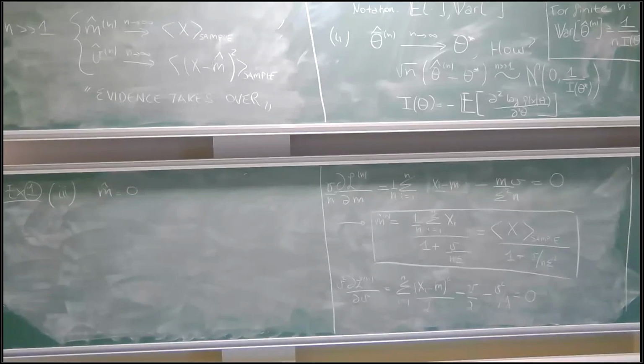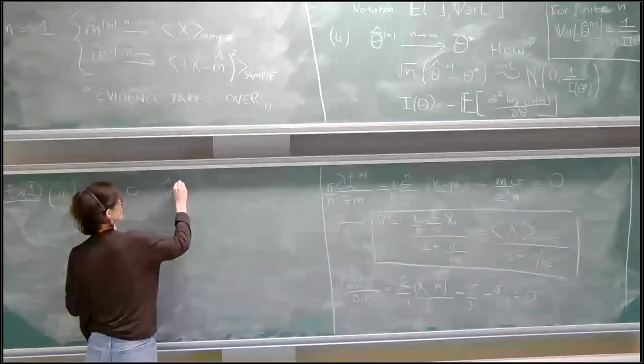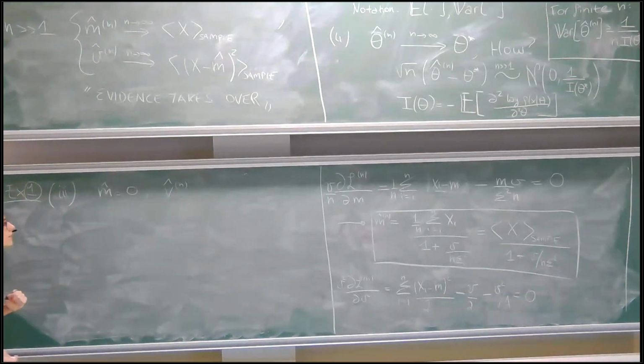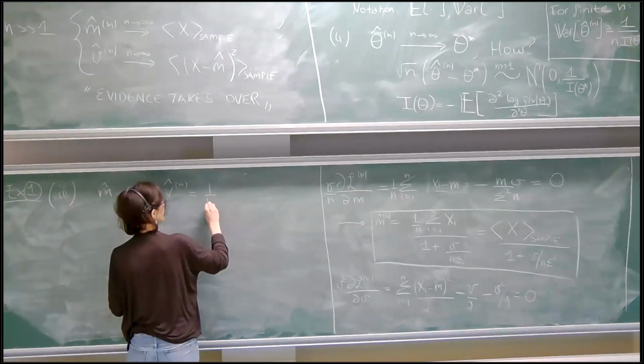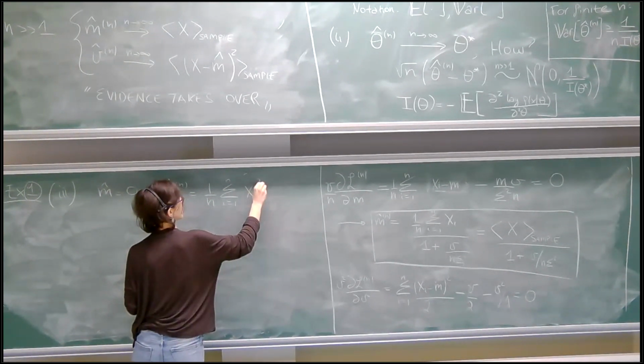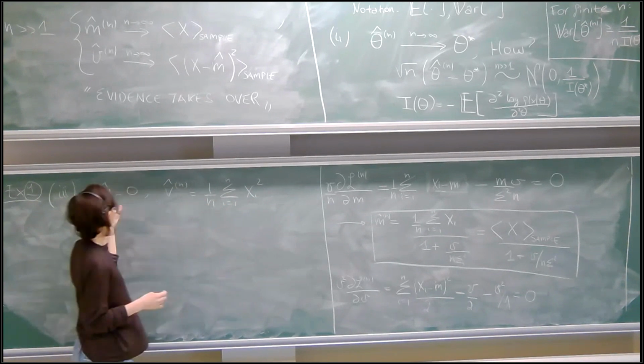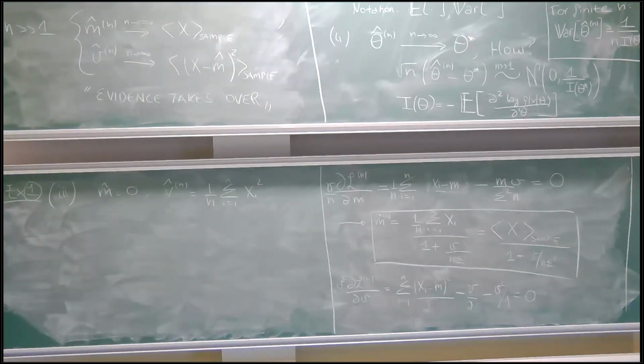And therefore, based on the equation that I just erased, our maximum likelihood estimator for the variance is just 1 over n sum over our data of x_i squared, where I don't have to shift by the average because I assume it to be 0.